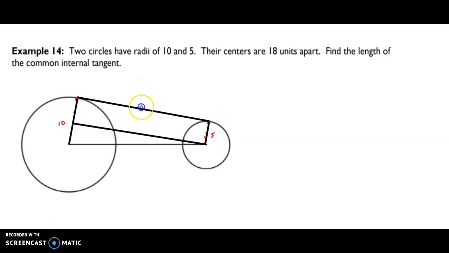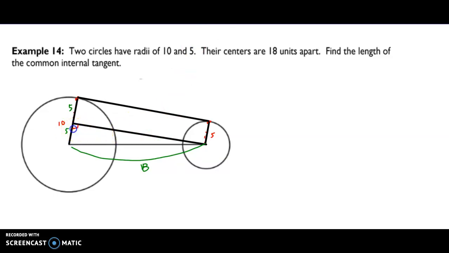This one would be the external because it's on the outside. But we know that these are going to be the same measure. We also know that if this is 5, then this is 5, and so this leftover is 5. Their centers are 18 units apart, so this whole thing is 18.